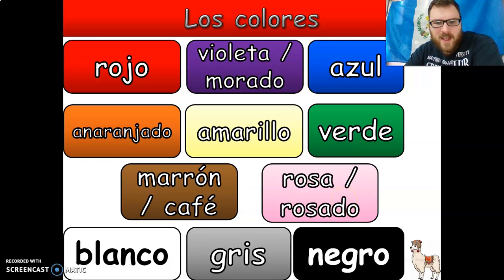It's the same thing with morado. A mora is a berry, and morado is the color of the berry. Naranja is an orange, the fruit. Anaranjado, the color of that fruit. So orange. Rosado, the color of a rose. Roses can be pink, so they have that kind of connection. Okay, cool. Let me go through this again with you guys.